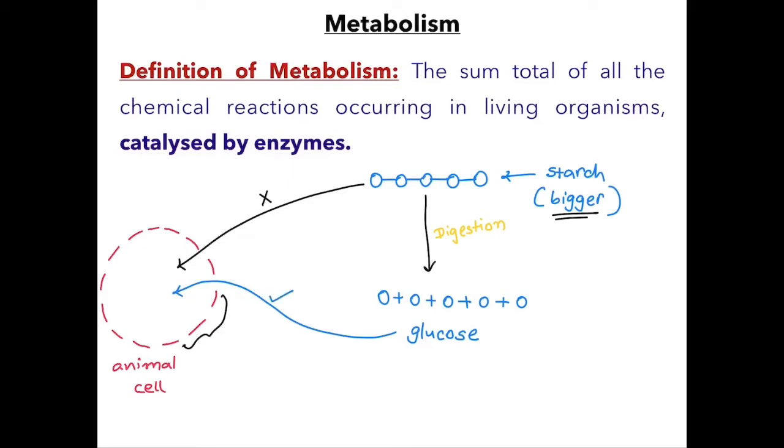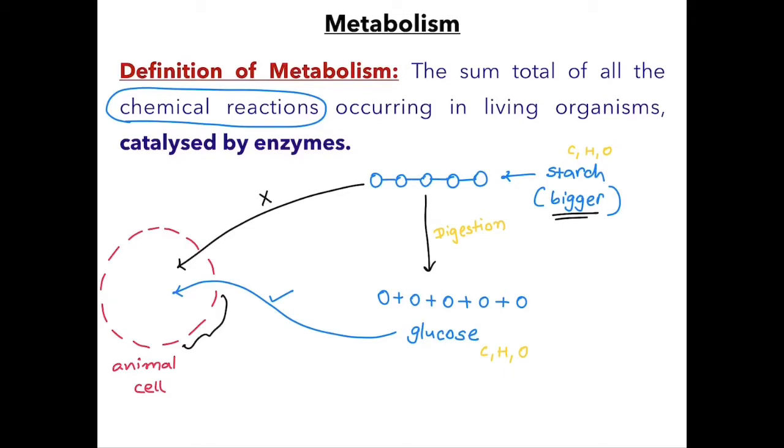Now, why we are discussing this whole thing here? The reason is we have to understand the chemical reactions which are occurring inside the living organism. So whatever we have discussed till now, we know that starch is a chemical. You will say how? So starch is a type of carbohydrate which is made up of carbon, hydrogen and oxygen. Also the glucose is a carbohydrate, so it is also made up of carbon, hydrogen and oxygen.